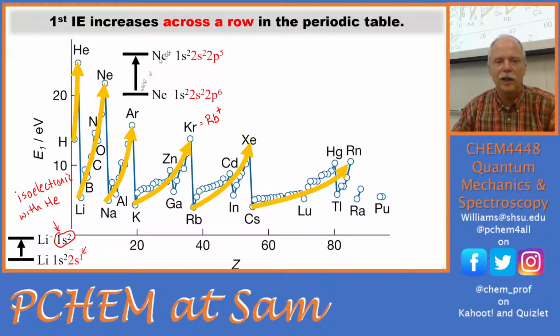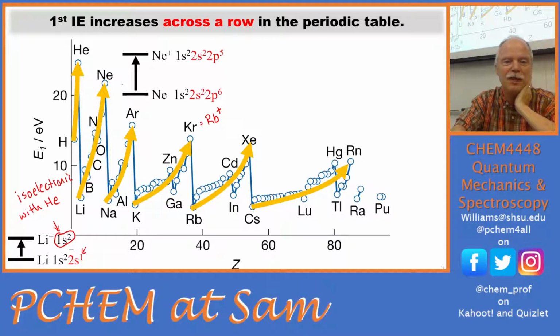Okay, and up here, the neon going to neon cation. Here we have a super stable noble gas electron configuration, and we're going to wreck it. It's really hard to do. It's hard to pull that electron off because it's a super stable noble gas configuration.